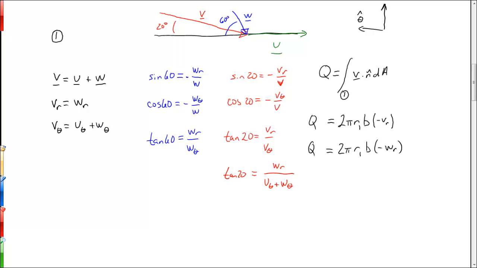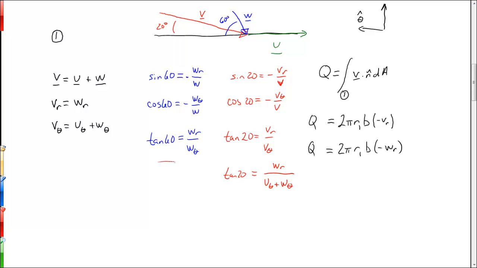This one here, tangent 20, is equal to this mess on the right-hand side. And we also have this one where tangent 60 is equal to this mess. But both of them have a value for WR, which we don't know, but we can set those equal to each other, and then we can solve for W theta, because we'll have U theta in tangent 20.